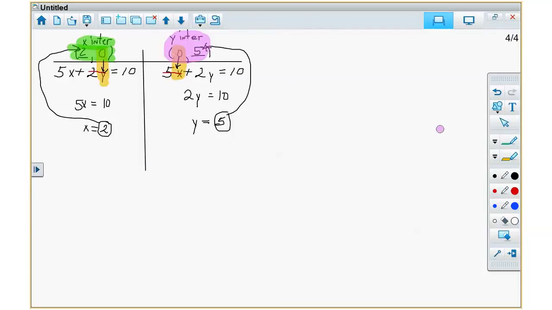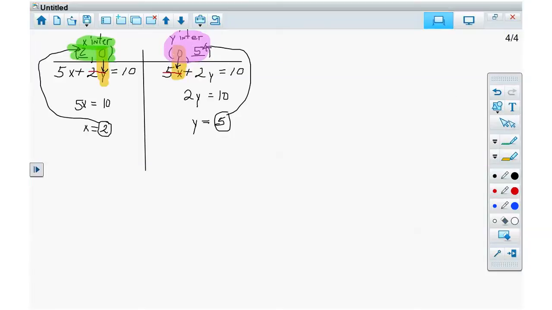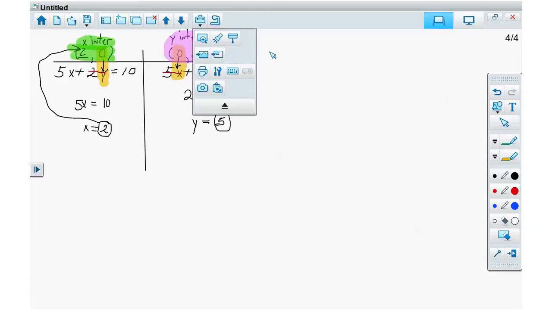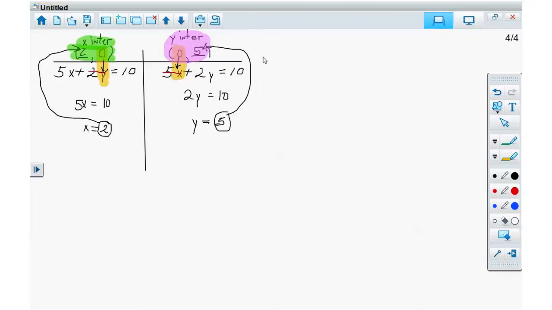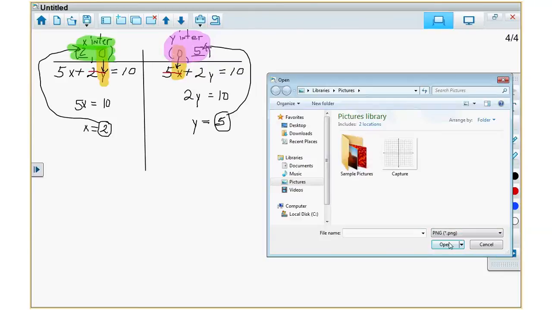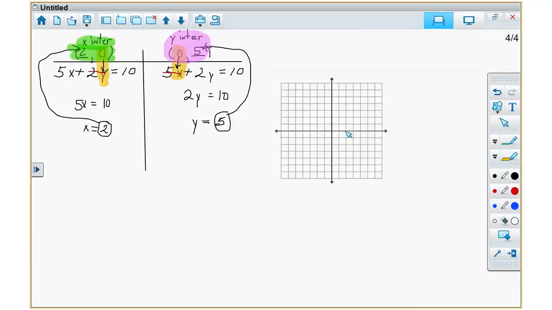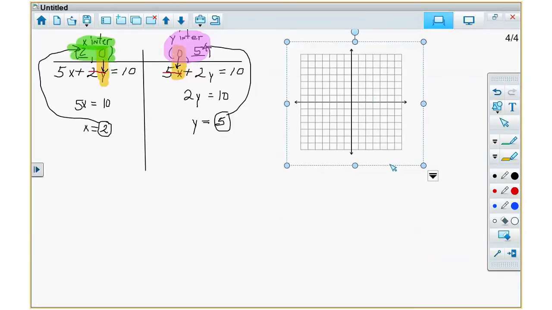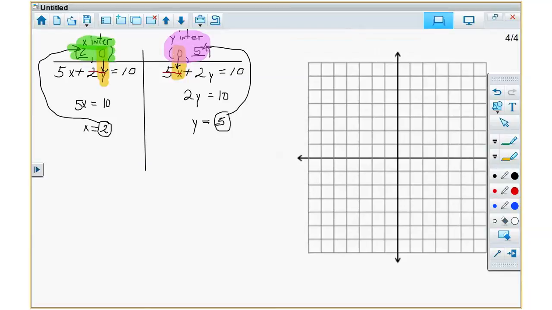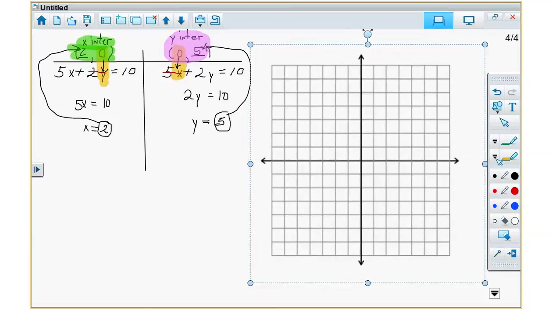So we pull up our handy-dandy virtual graph that we carry around all the time in our pocket. And my green point goes where?